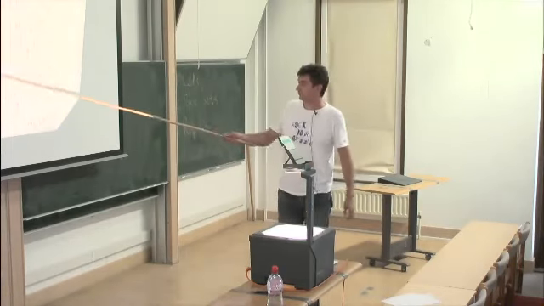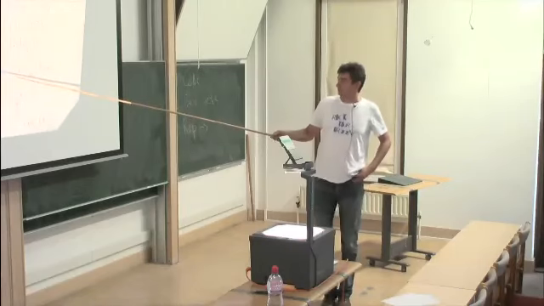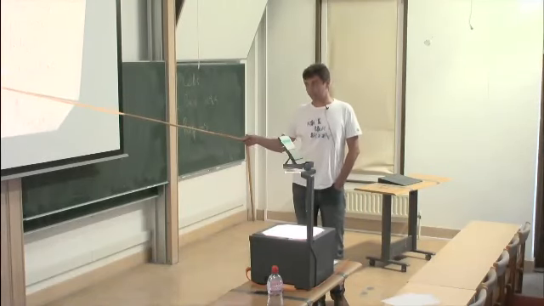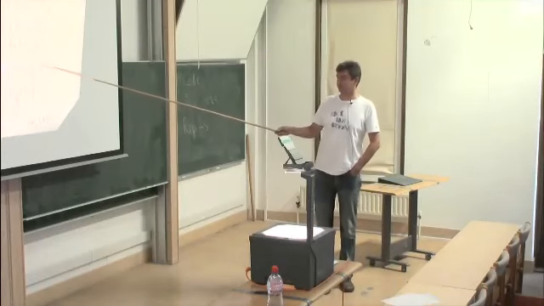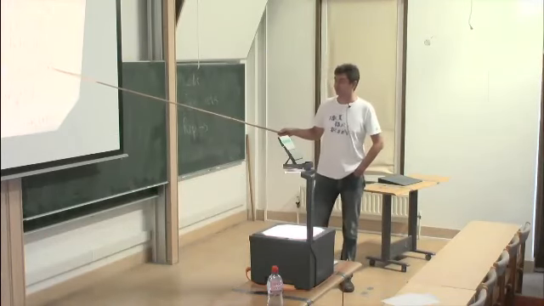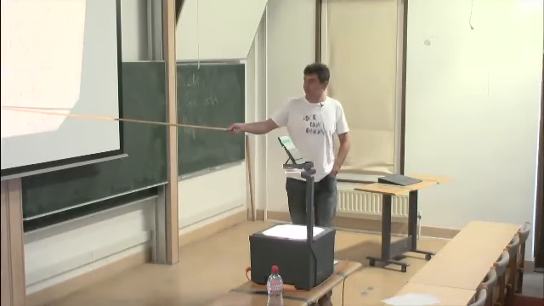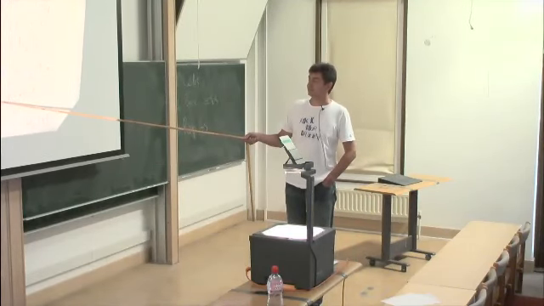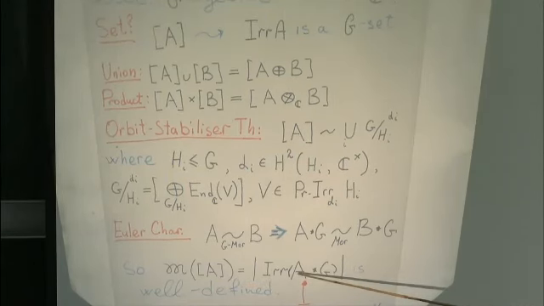And here I do essentially the same. So I have to observe that if two algebras are G-Morita equivalent, then the skew group algebras are Morita equivalent. And the equivariant Euler characteristic of my set is just the number of irreducible modules of the skew group algebra.